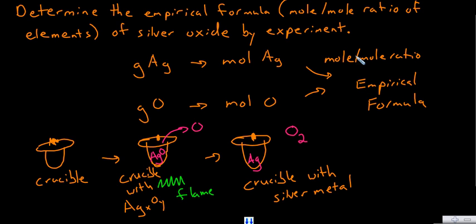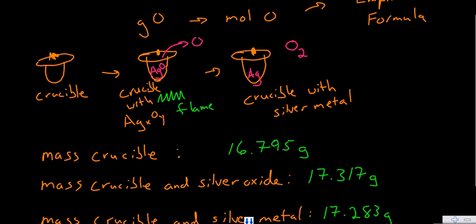empirical formula. And so a common way of determining this is by placing silver oxide within a crucible. A crucible is a small ceramic container which can be heated and hopefully doesn't crack upon very heavy heating.